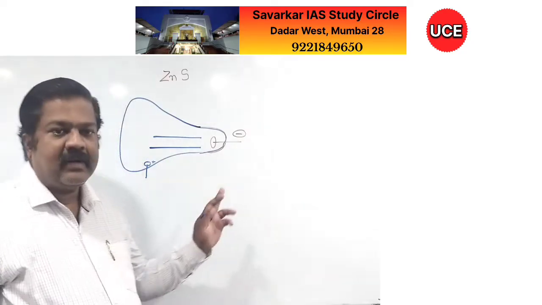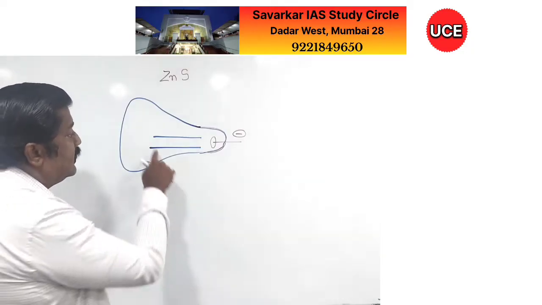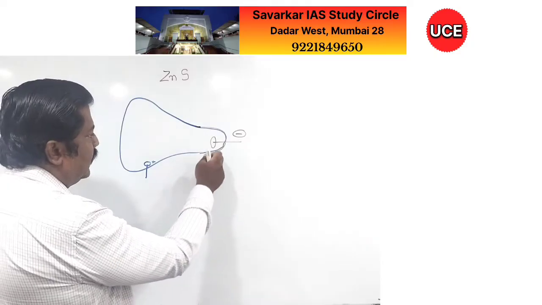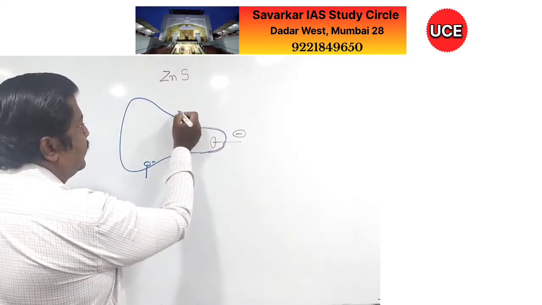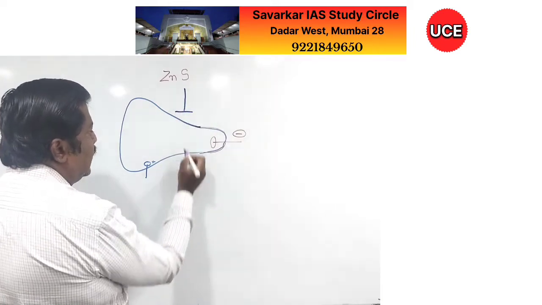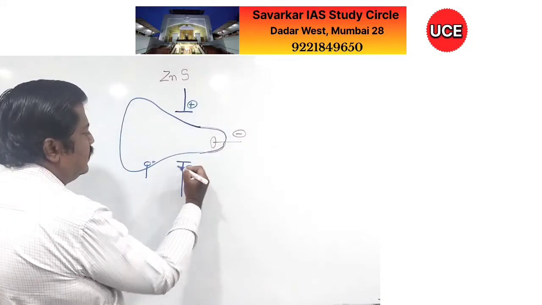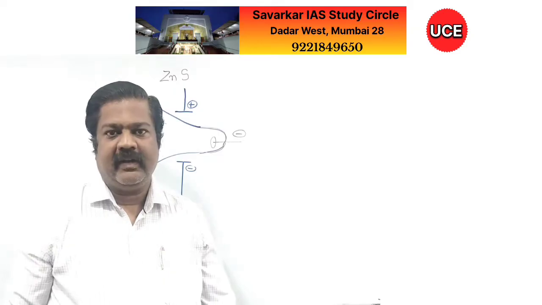But prior to the track, just forget the track. First consider this way. They place here the anode, cathode, and they place an external electrical field. So this is positively charged, this is negatively charged. Why am I saying external electric field?